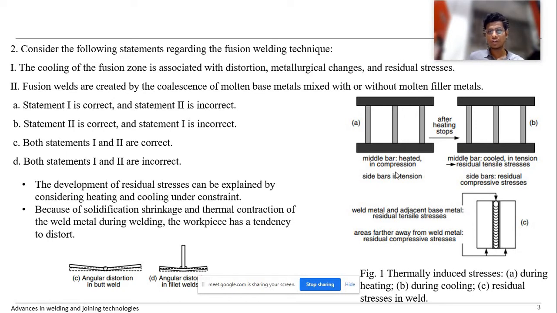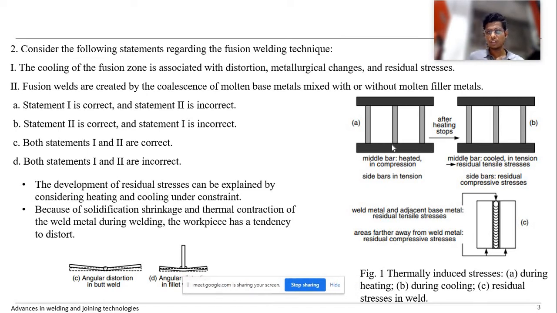So first of all, instead of explaining with the weld joint, I will start with a 3-bar arrangement. I will explain how the residual stresses are generated, then I will correlate this to the weld joint.